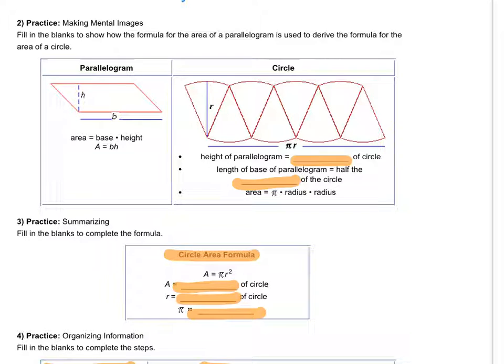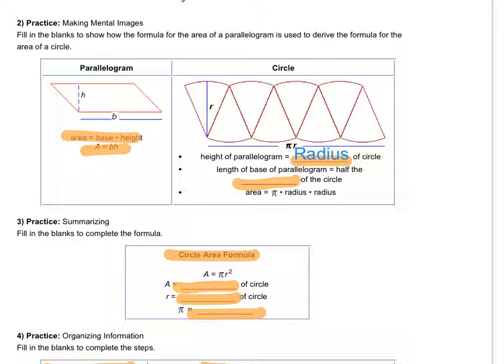Let's talk about something familiar. Right here we have making mental images. For a parallelogram, which you studied, the area is just the base times the height. If we decompose the circle, the height of the parallelogram will represent the radius of the circle, R-A-D-I-U-S. That goes on this line.